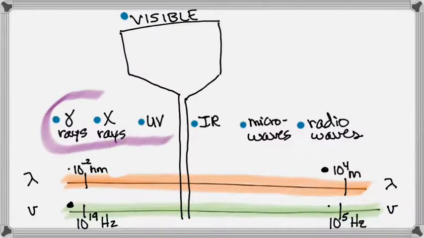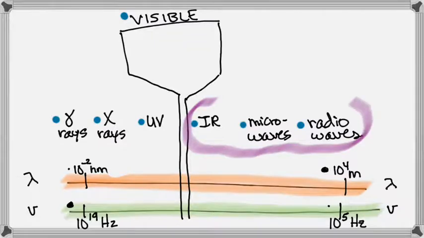If I asked you between gamma rays, X-rays, and UV, which one has the highest frequency, your answer is gamma rays. If I asked you between IR, infrared, microwaves, and radio waves, which has the shortest wavelength, your answer is infrared.